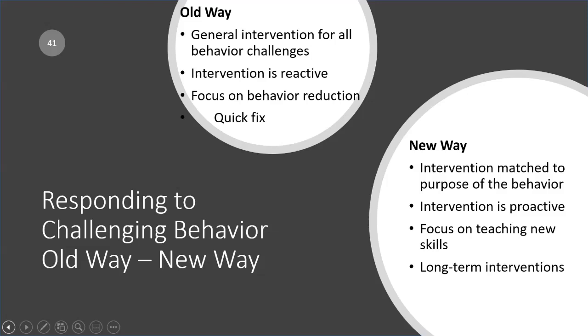And then the new way with the pyramid model framework: the intervention is matched to the purpose of the behavior. It's proactive and preventative. It focuses on teaching new skills, and there are long-term interventions, teaching children lifelong skills for success.